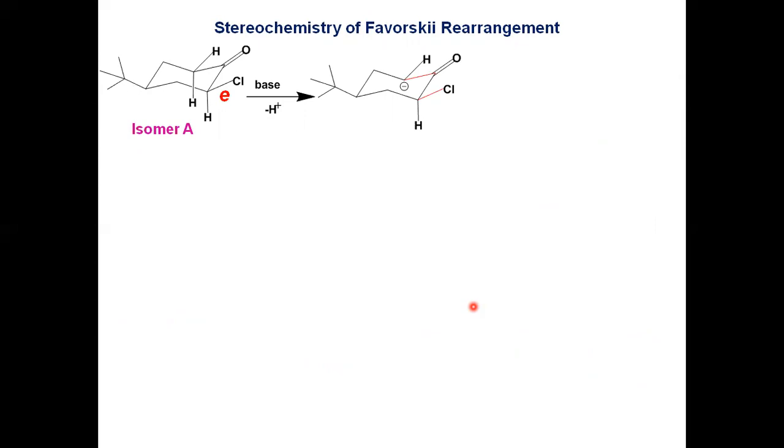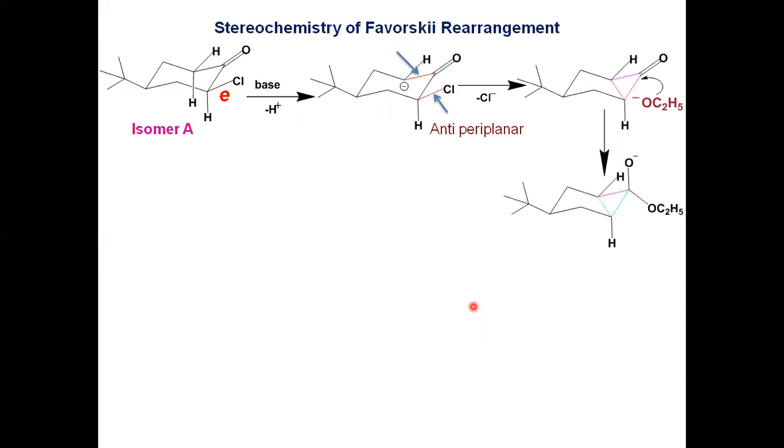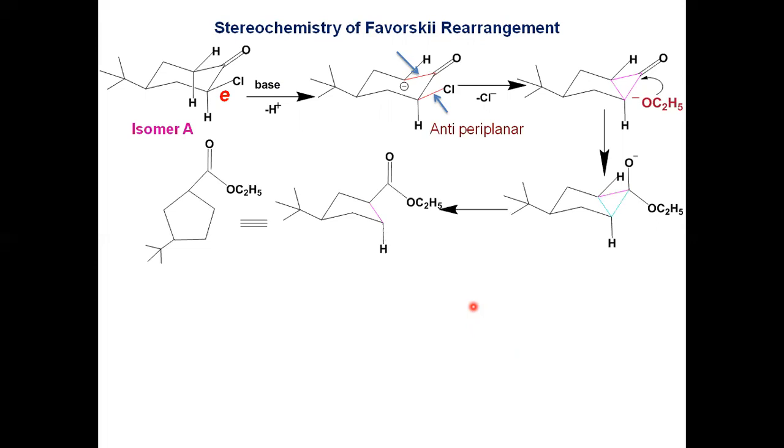The leaving group can only be eliminated when the bond of the carbanion and the bond of the leaving group are anti-periplanar. Only in this condition can chloride eliminate and convert into the cyclopropanone intermediate. This intermediate undergoes attack of a nucleophile, forms an oxyanion, and after ring contraction forms the 5-membered product. So this is the required condition.